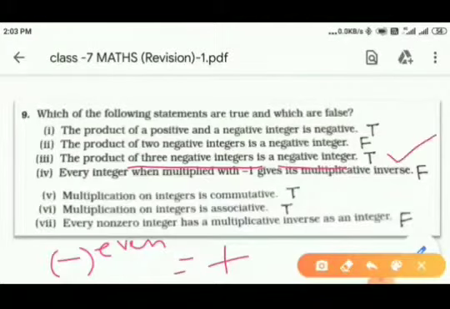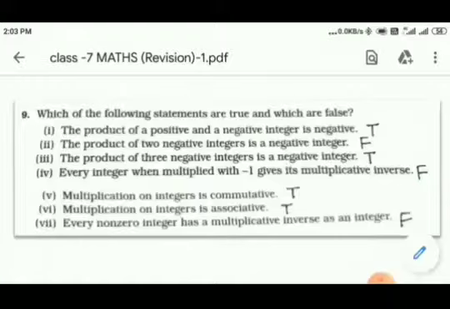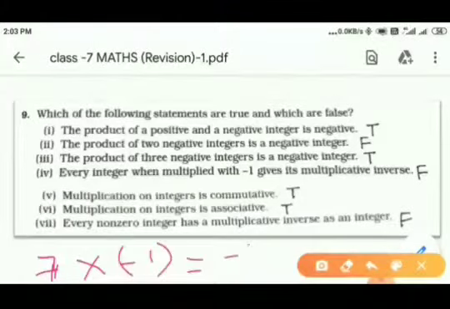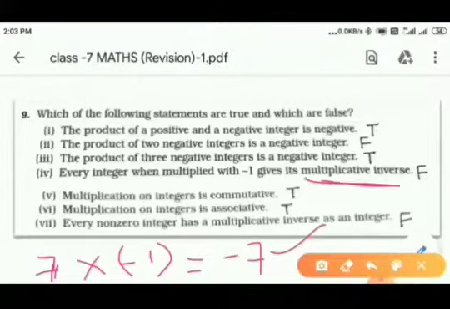The next one is every integer when multiplied with minus 1 gives its multiplicative inverse. Let's try to understand with an example. I take the integer 7 and multiply it with minus 1. We get minus 7. So when you multiply any integer with minus 1, you get its additive inverse, not multiplicative inverse, because multiplicative inverse means reciprocal.